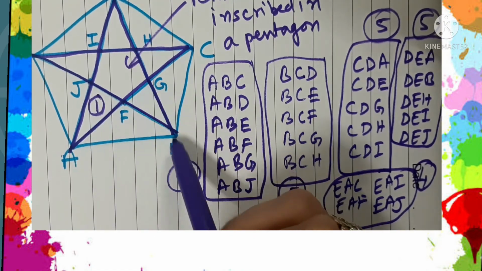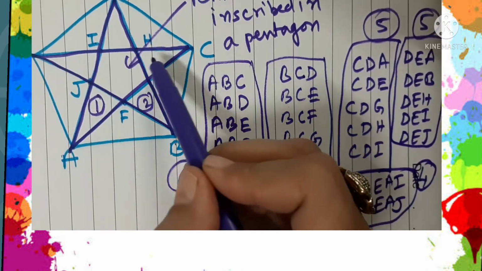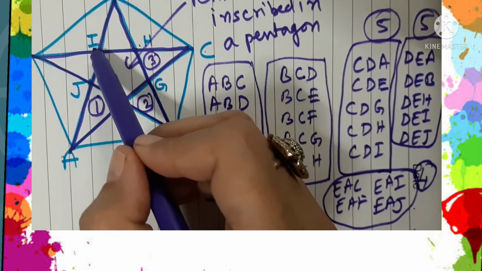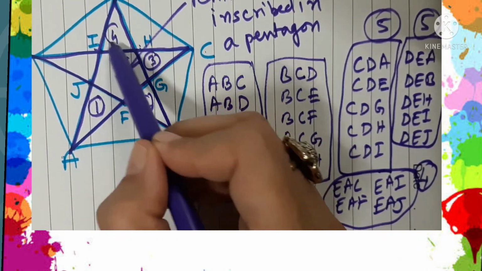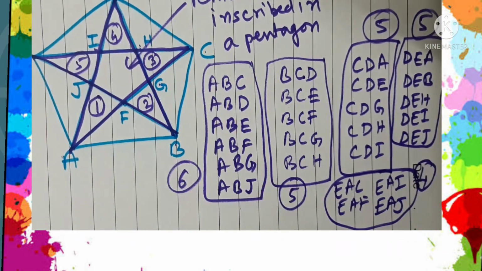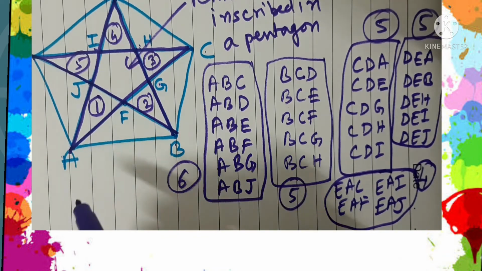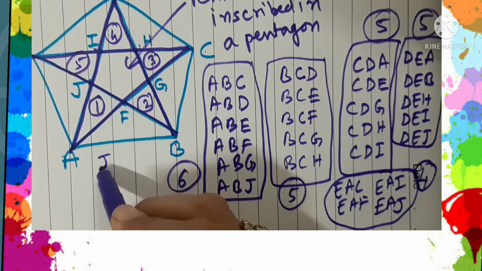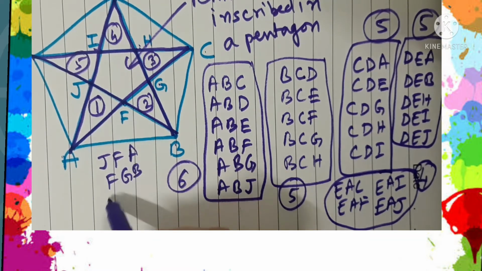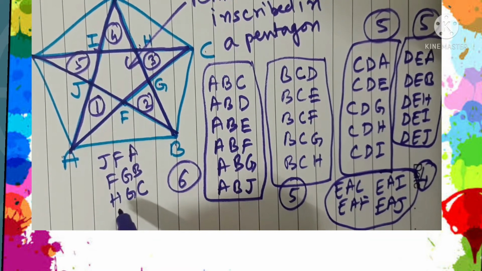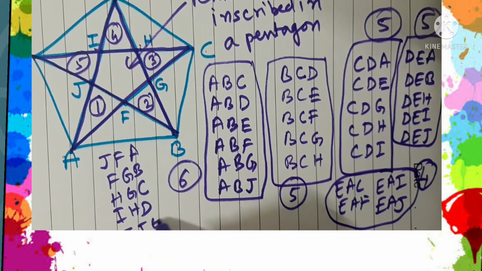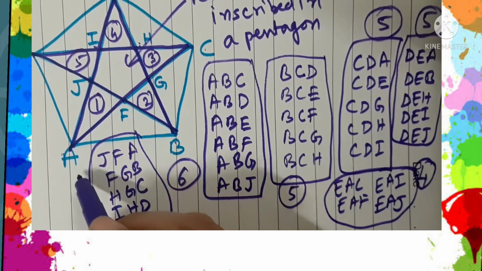Then FGB is second, then HGC is third, IHD is fourth, and JIE is the fifth triangle. So there are 5 more triangles. Let me write down: JFA, FGB, HGC, then IHD, and JIE. So these are 5 triangles.